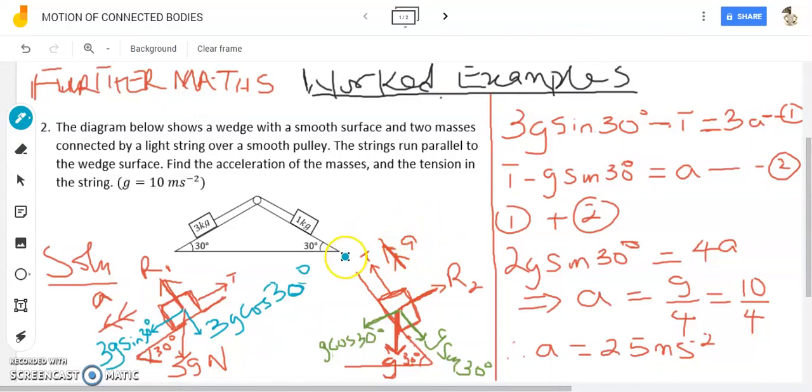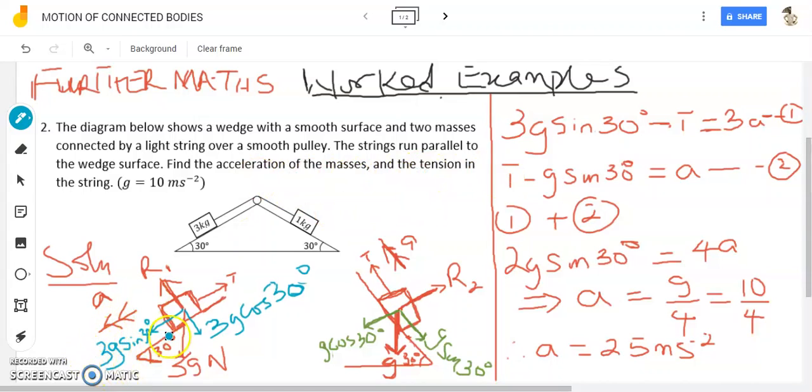Now, to find the acceleration and tension in the string, we need to analyze the resultant forces in the downward and upward directions, and then use equations of motion, precisely the second law of motion, to find the acceleration and tension.